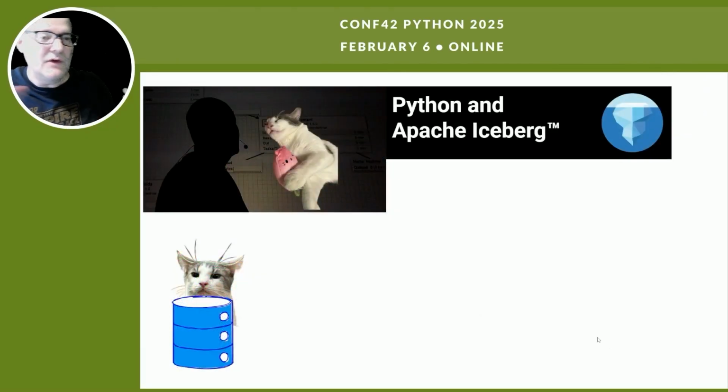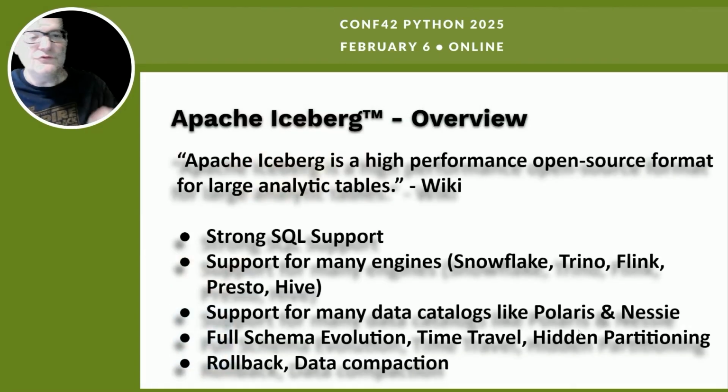Now, next up, Iceberg. If you haven't used Iceberg yet, you really should. It is high performance. It is open source. There's a great community there, and it works out really well for extremely large analytical tables. SQL support, very strong. Tons of different engines, which is nice.